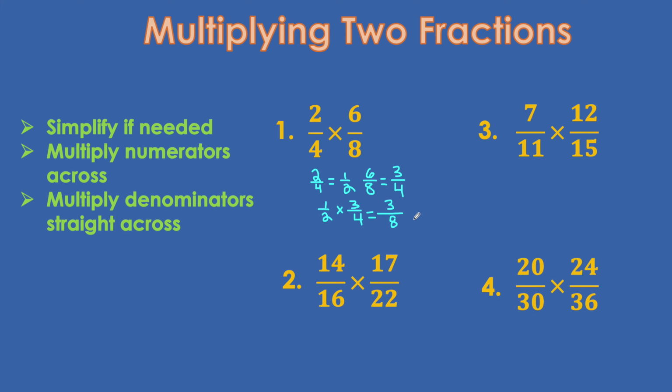Moving on to number 2, we have 14/16 times 17/22. We're going to simplify the fraction. If you simplify 14/16, we're going to find the greatest common factor between these two numbers, which is going to be 2.